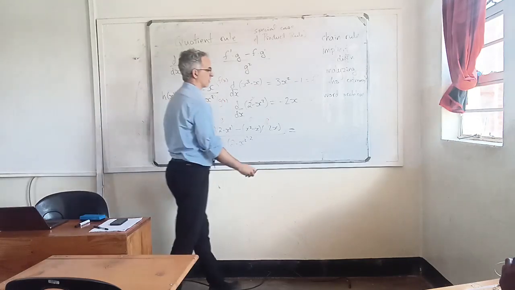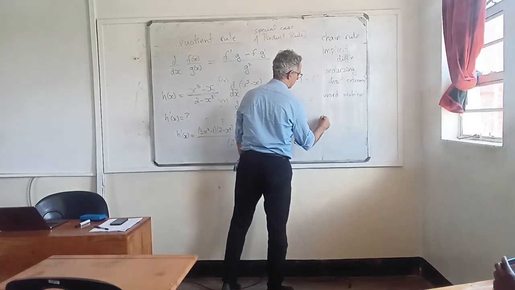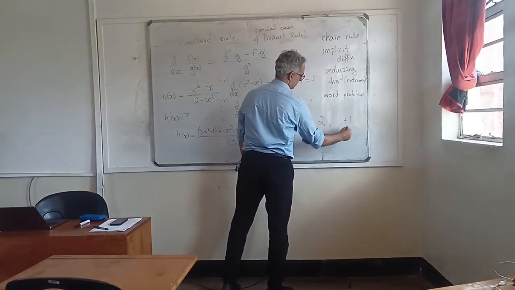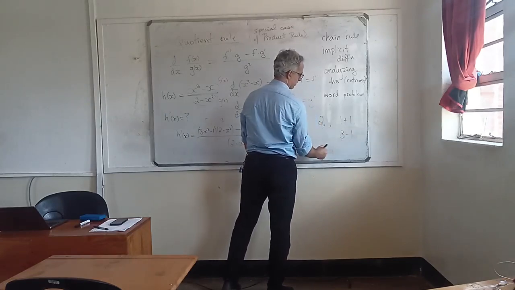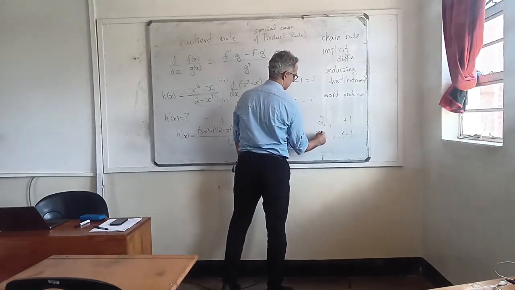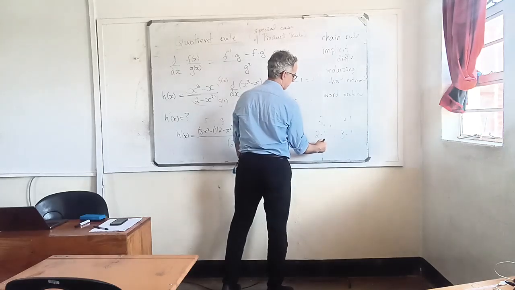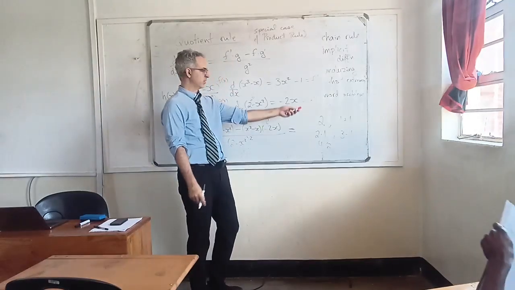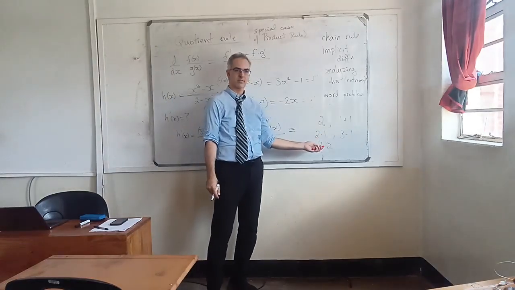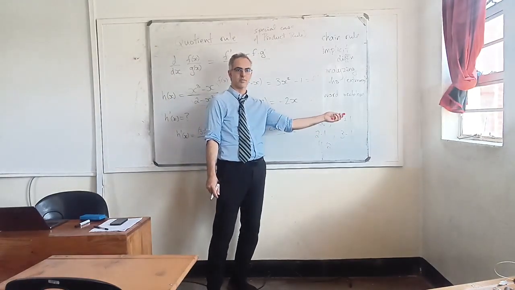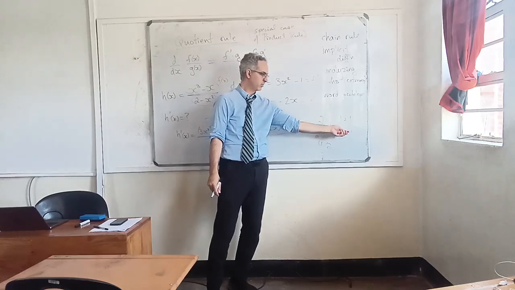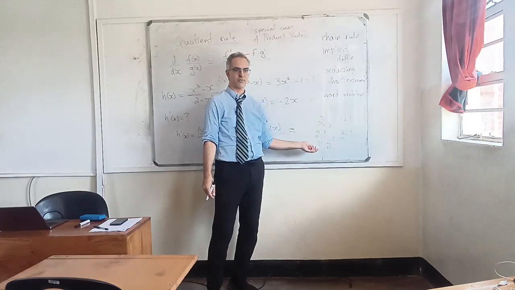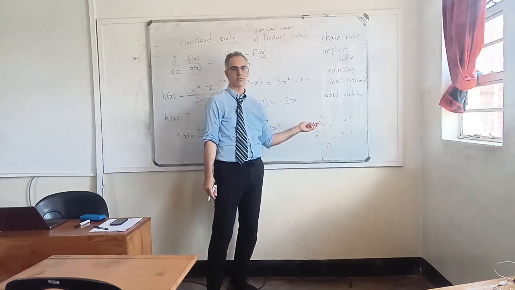Just like if I say, here's a number, and here is a number, and here is a number. All of these are the same thing, right? 1 plus 1 is the same as 3 minus 1, is the same as 2 times 1, is the same as 4 divided by 2, is the same as 2.